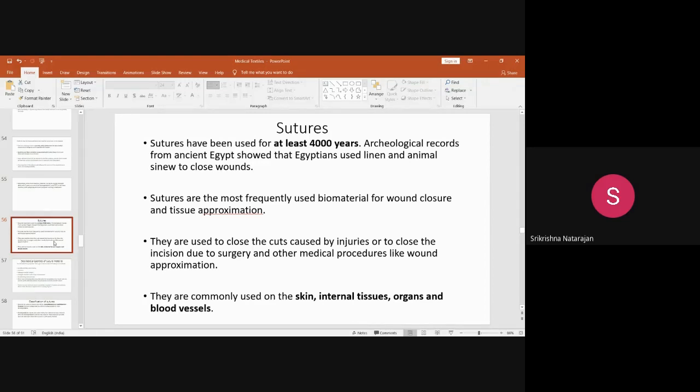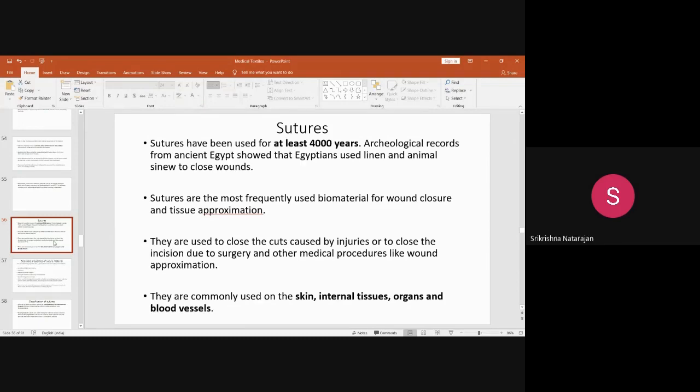So you may have already heard about this word, sutures. And these sutures are implantable materials, and they have been used by people for a very long time. For example, archaeological records show that Egyptians used linen and animal sinew to close wounds.